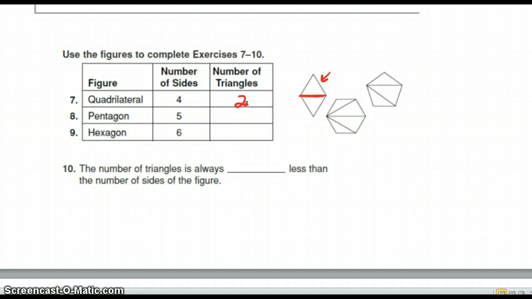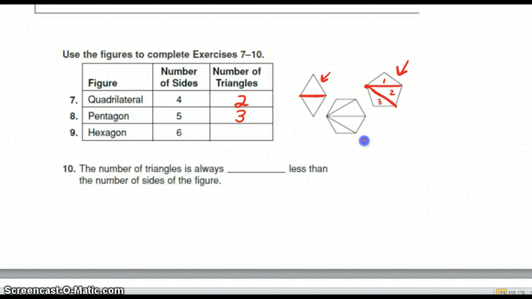2. I now have a pentagon. Here's my pentagon. It has 5 sides. 1, 2, 3, 4, 5. I can make a triangle here, and then from the same vertex, I draw my line here. So I get 1, 2, 3 triangles. 5 sides gives me 3 triangles. 4 sides gave me 2 triangles.